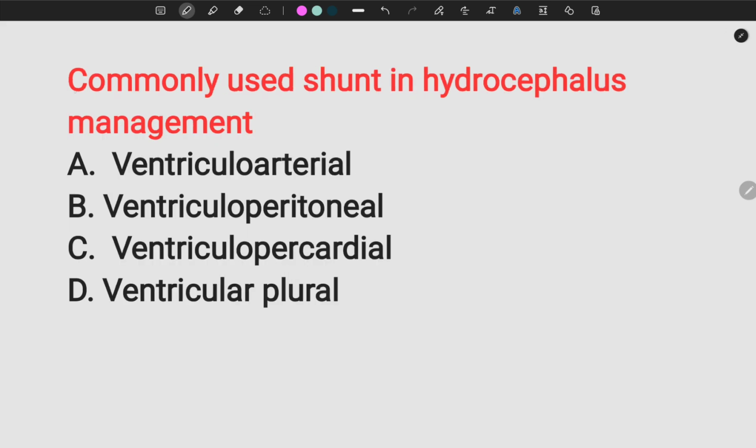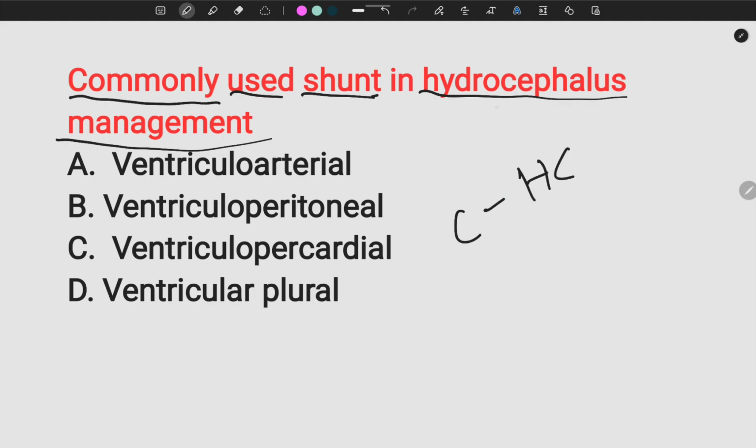So the next question is, the most commonly used shunt in hydrocephalus management. A child having hydrocephalus has increased cerebrospinal fluid. So we need to remove the excessive cerebrospinal fluid by the shunt.